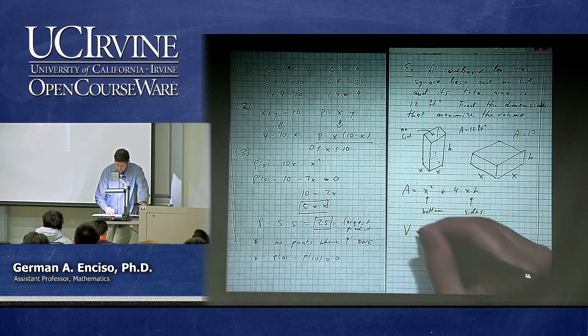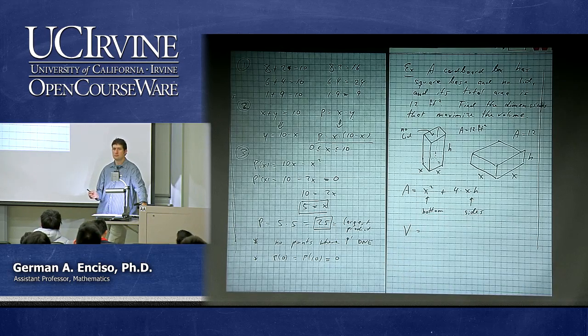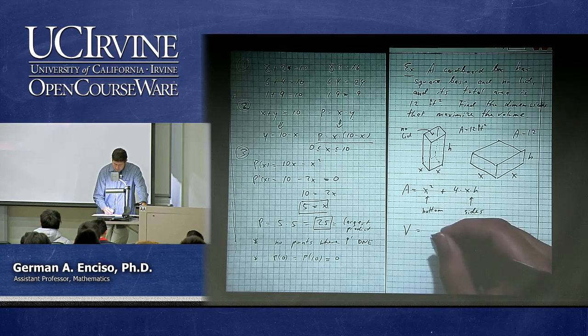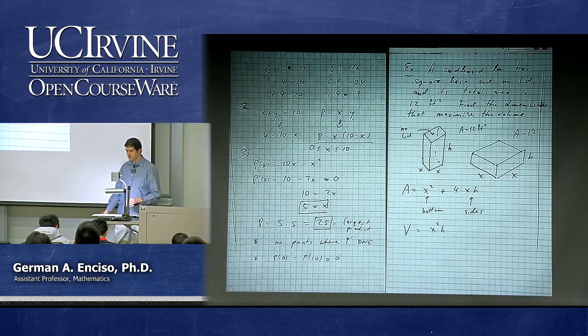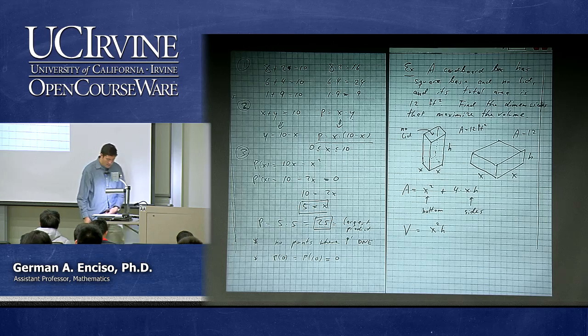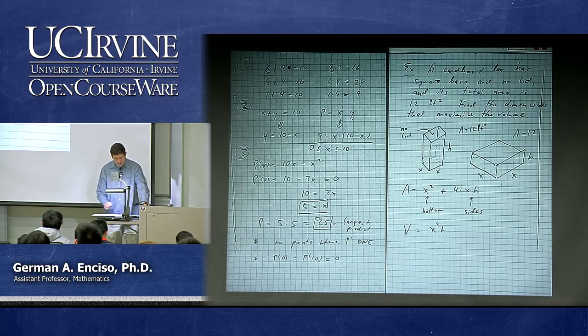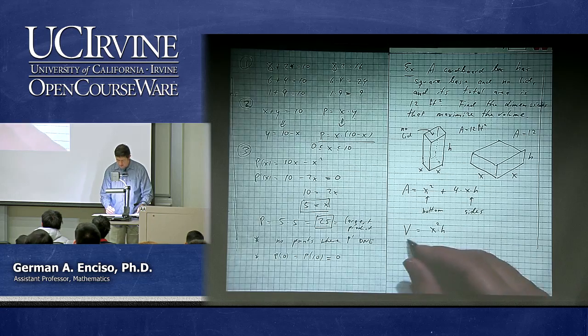Okay, now what is the volume of this box? The volume is x squared times h. Great. So now we have the area and the volume. But remember, this is what we want to optimize, the volume.